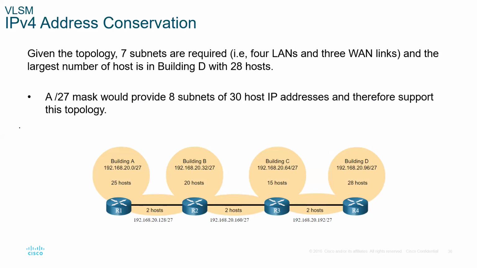The network is 192.168.20.0/27. That's the network that we're given, and we're asked to create 7 subnets.